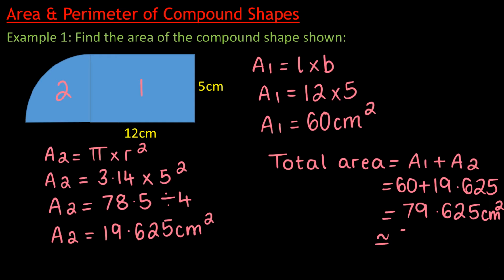I'm just going to round that to 79.6. If the question doesn't tell you what to round it to, then just pick 1 or 2 decimal places, maybe nothing longer than that, because then it looks a wee bit messy, and that's your answer.